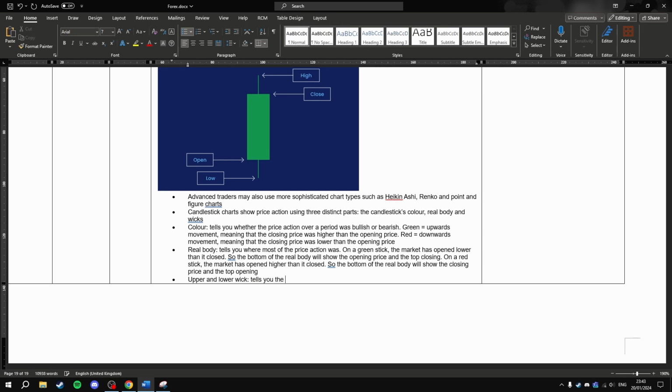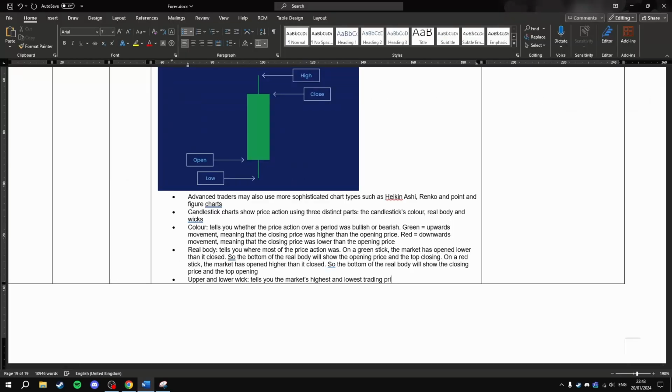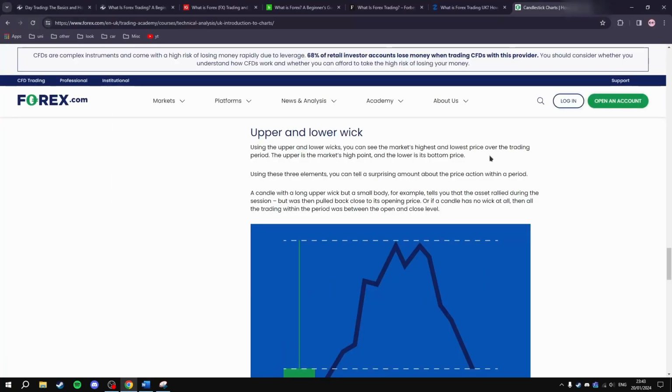The upper is the market's high point, lower is its bottom price. Using these three elements, you can tell surprising amounts about the price action within a period.